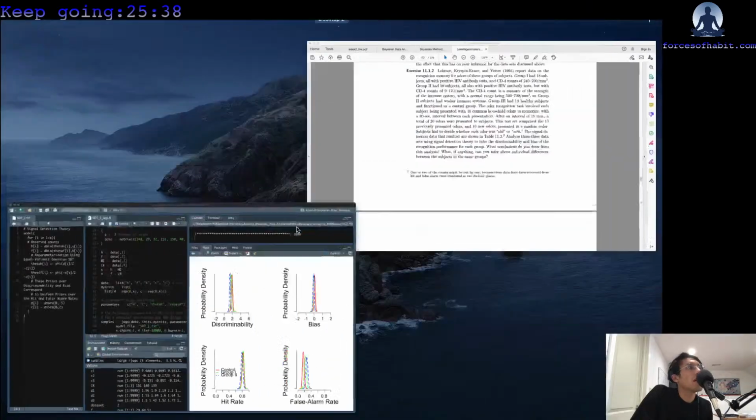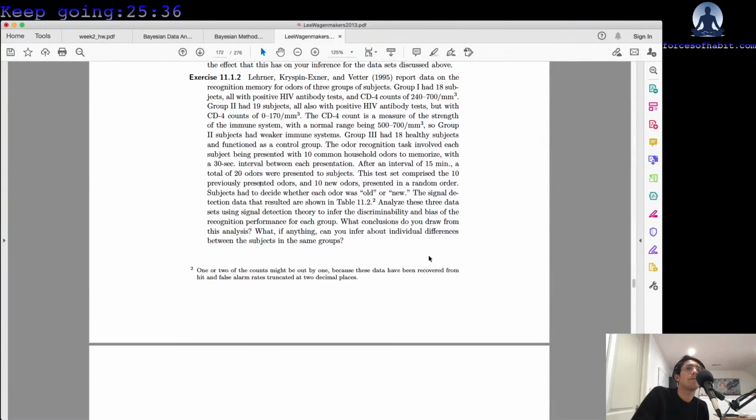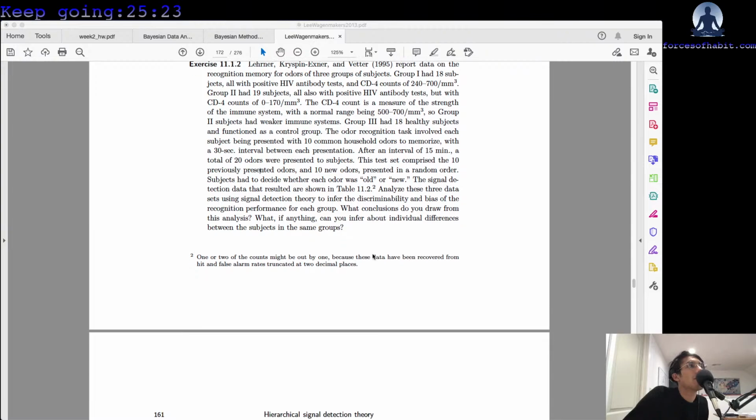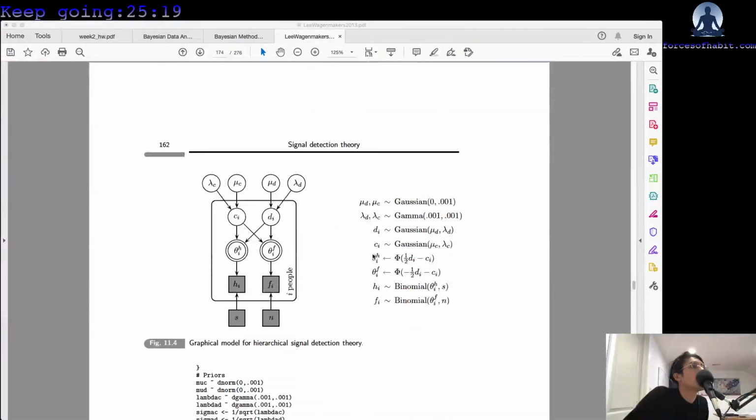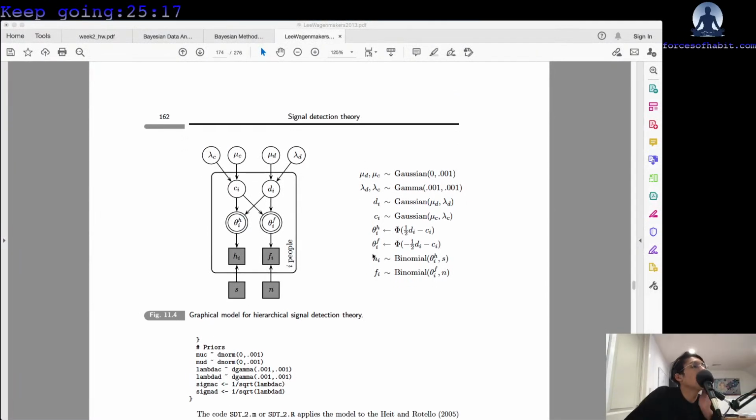So let's take a look at a hierarchical structure then, right? Well, we don't have time, but we could at least break down the model. So here, what does this look like it's doing?